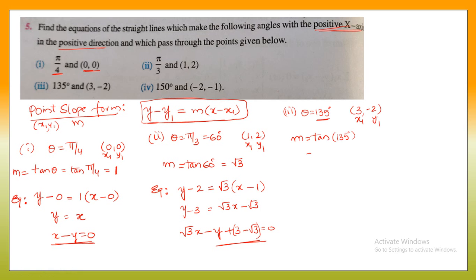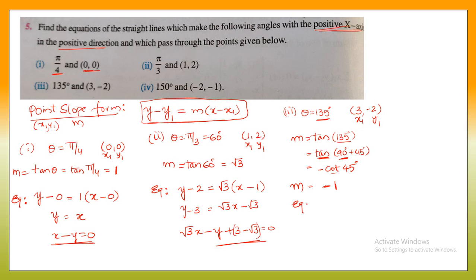So tan 135 I can write as tan of 90 plus 45. So because of this 90, tan becomes cot. Since it is in the second quadrant, this becomes minus. So because of this 90, tan became cot, so that means 90 will vanish. So I will be left with 45 degrees. So what is cot 45? Cot 45 is 1, so with the minus sign the slope I got is minus 1.